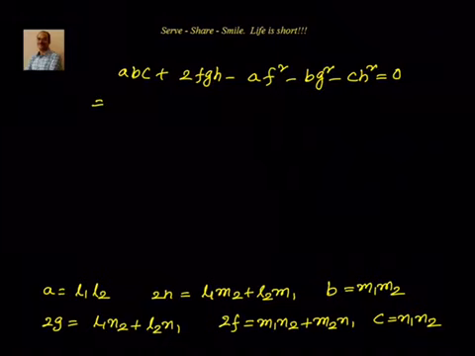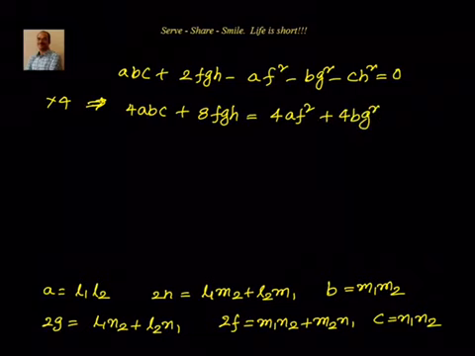When I multiply with 4, it will become 4abc + 4 times 2, that is 8fgh, equal to 4af² + 4bg² + 4ch². So I have to prove that the left hand side equals the right hand side. Now let's substitute the values of a, b, c and see what will happen. We have a = L1 L2, b = M1 M2, c = N1 N2.